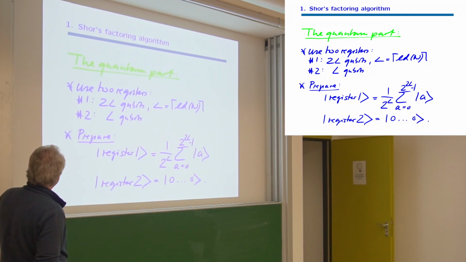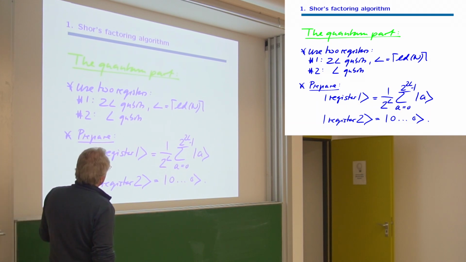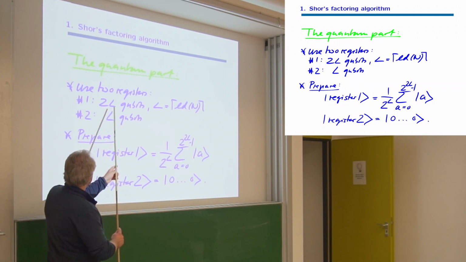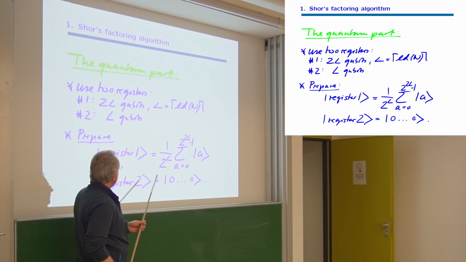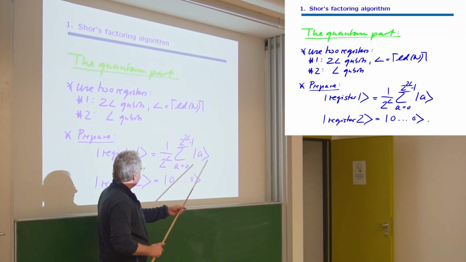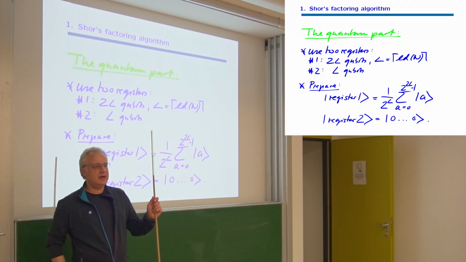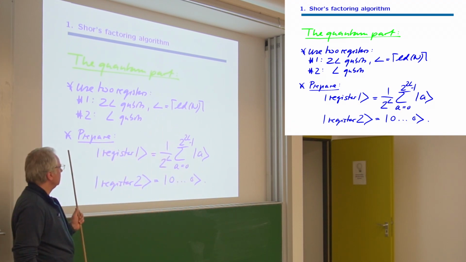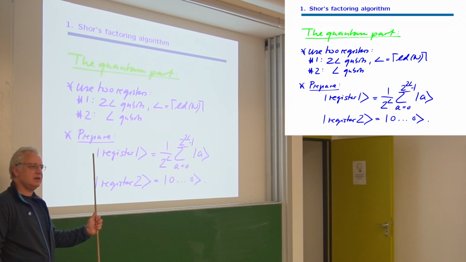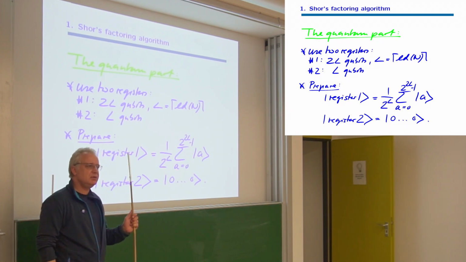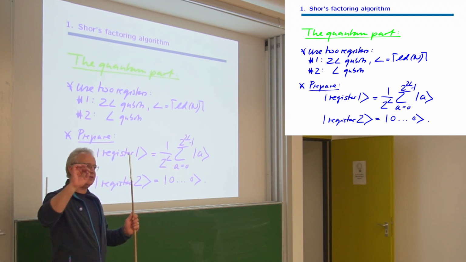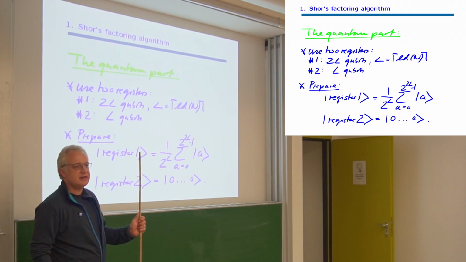Okay, and so here is now how the quantum algorithm begins. In the first register that has this length, we prepare an equal weighted superposition of all computational basis states. I don't know, maybe the term computational basis has occurred before in this lecture, but I am not sure I explained it. So the computational basis is the eigenbasis of sigma z. Yeah? Spin up, spin down, also called 0 and 1, that's the computational basis.